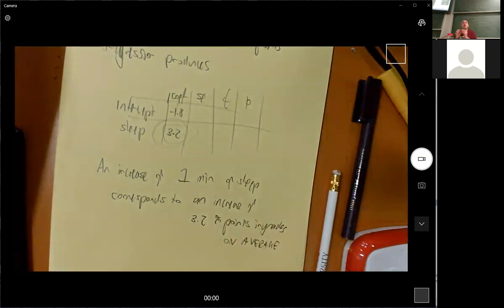You must say the words on average somewhere because it is just averages. But grammatically, if it's arranged in a different order, it should be fine.